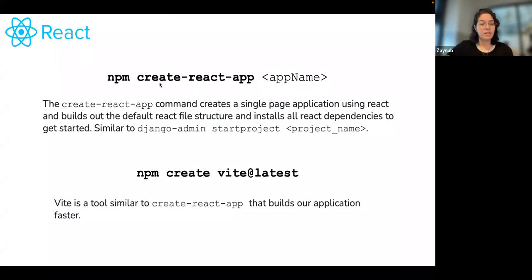What this does is pretty much just install your dependencies and create a base project, kind of like how our Django startproject thing just created a bunch of files for us. This is what it will do. I haven't seen Vite in the wild yet, but I kind of want to use it now whenever I make React applications, because it is better.